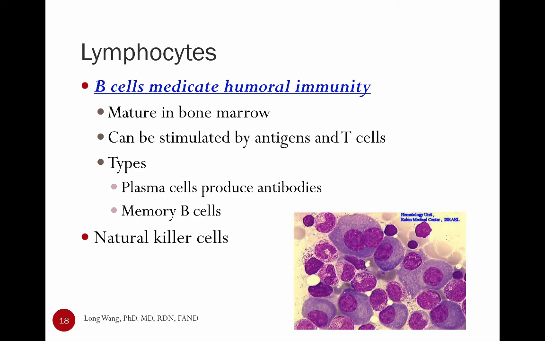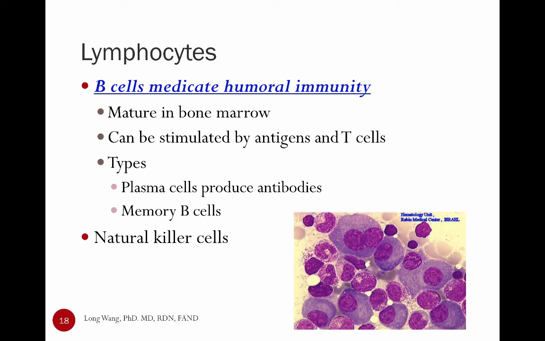Then we have the B lymphocytes. B as in bone marrow, right? So they mature in the bone marrow and mediate the humoral immunity. So B cells can be stimulated by antigens or by messages passed on from T cells. There are different types of B cells.